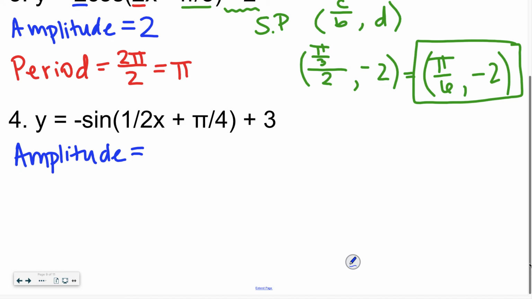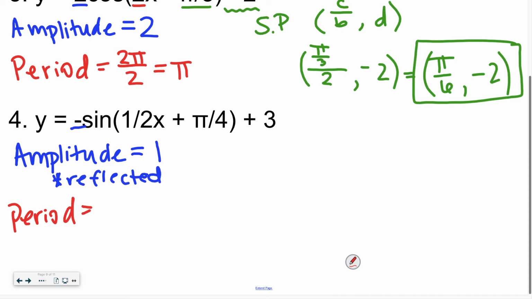Okay? Amplitude. Taylor, what do you have for your amplitude? All right, good. A is -1, so our amplitude is 1, and we'll just have to remember that this is a reflected graph. Amplitude is always positive. All right.